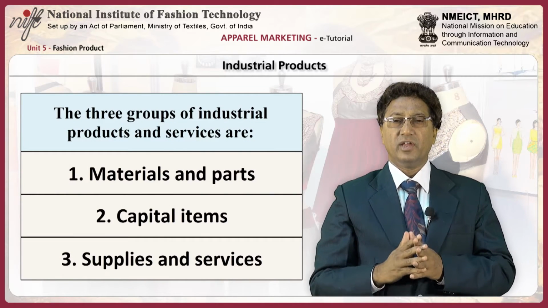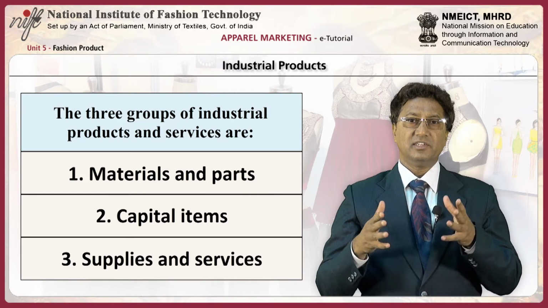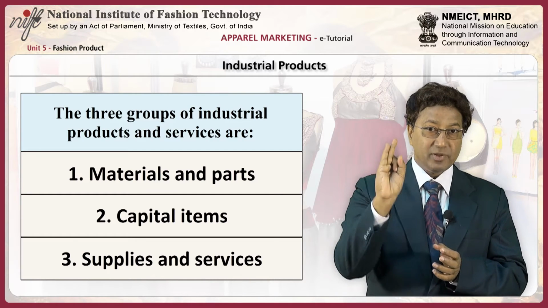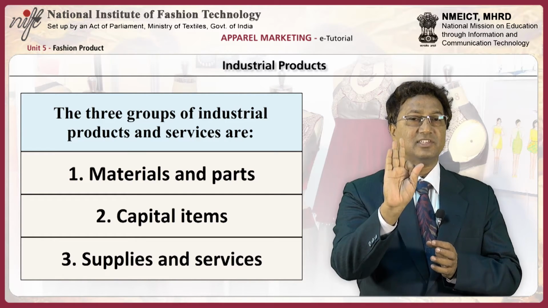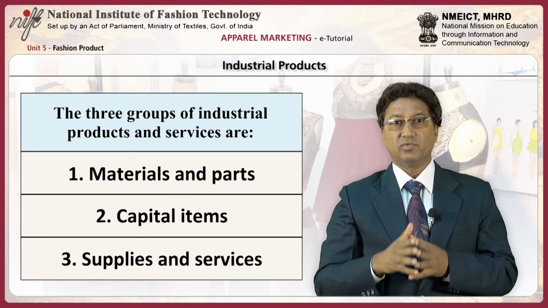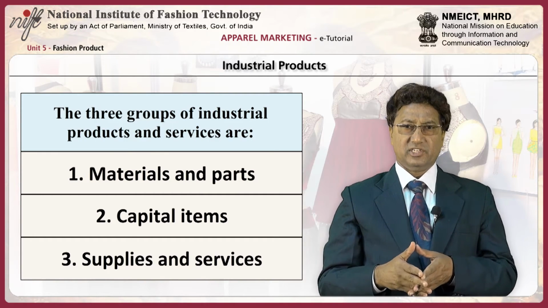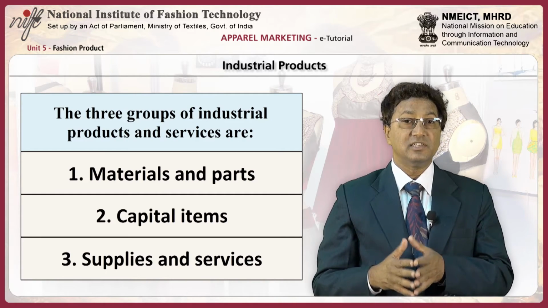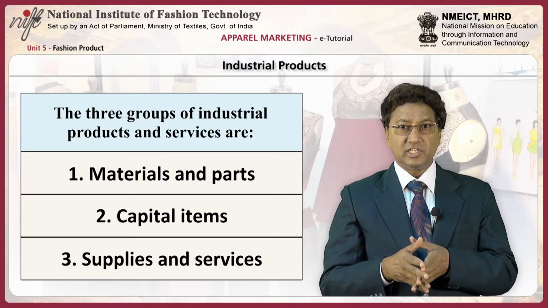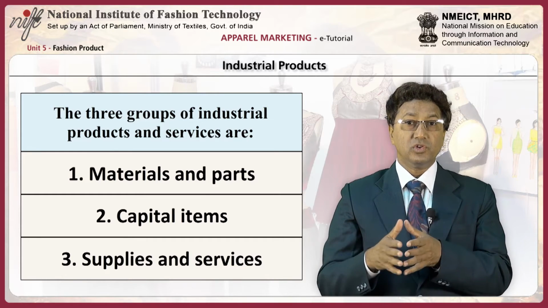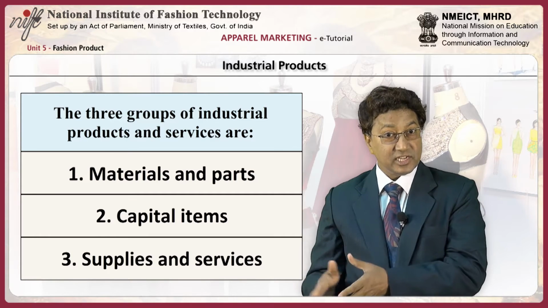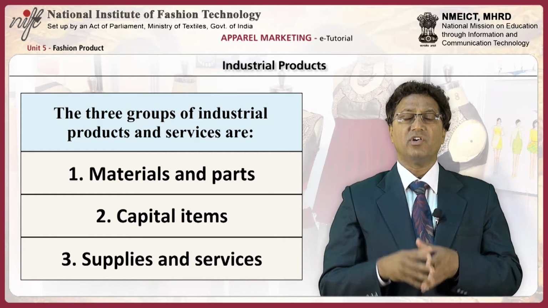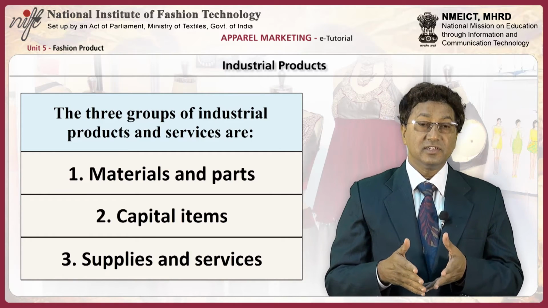The three groups of industrial products and services include materials and parts, capital items, and supplies and services. Now let's discuss one by one. Materials and parts include raw materials and manufactured materials and parts. Raw materials consist of goods found in their natural state, such as minerals, land, and products of forests and the seas.